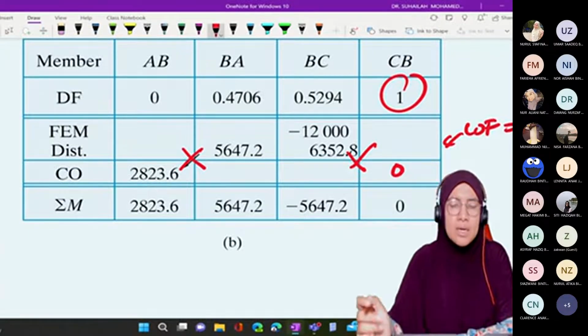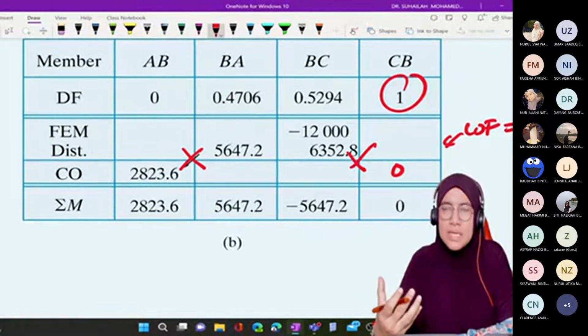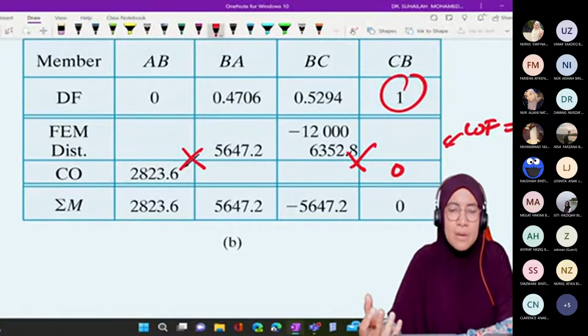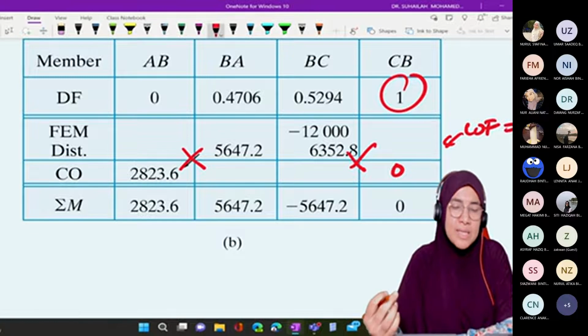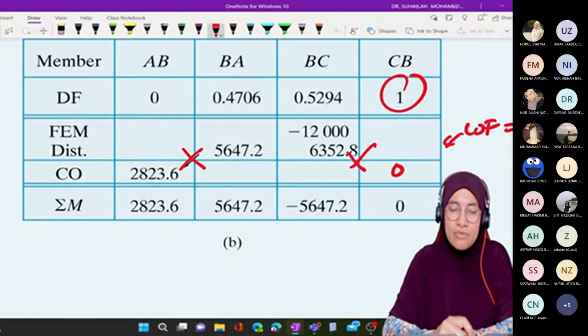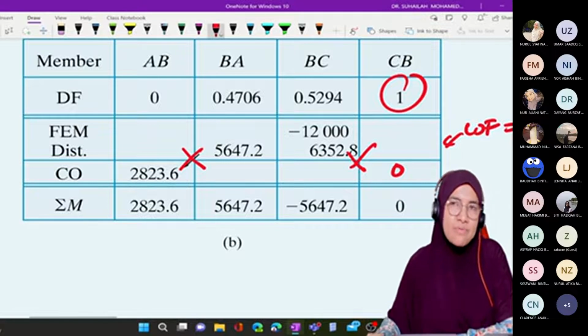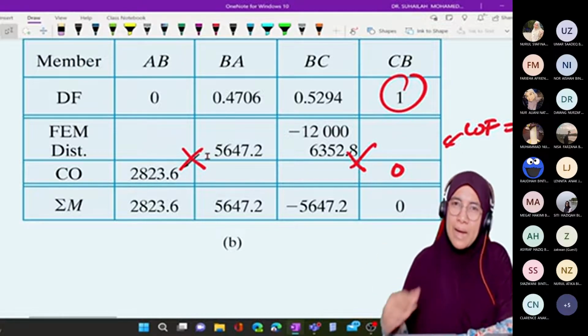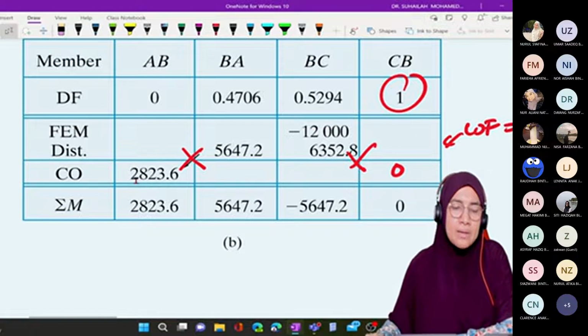That's why here we don't carry the value. But for fixed end A, the factor is 0.5. That is why 5647.2 we divide by 2. So we get 2823.6. Okay, so we total the moment. So we get like this.